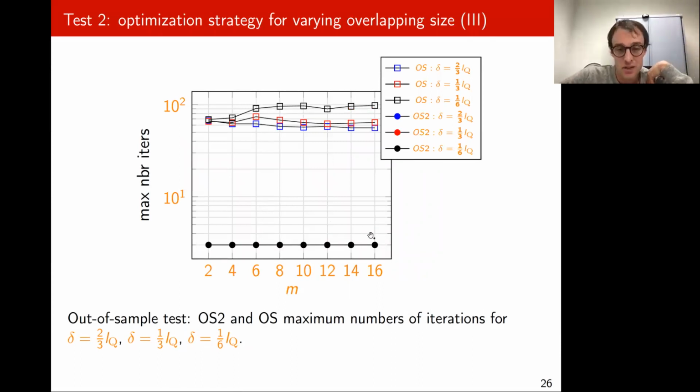Here it is pretty much always equal to 3. And here, on the other hand, it depends quite significantly on the value of delta. So it's around 50 for delta equal to 2/3 LQ, and it's around 100 for delta equal to 1/6, so 4 times smaller. Okay. While here it seems significantly more robust to the choice of delta.